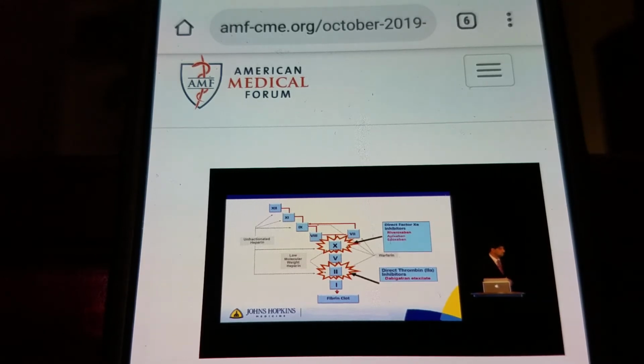The direct acting anticoagulants, so 10A inhibitors, Rivaroxaban, Apixaban, and Edoxaban, all work on 10/10A, whereas the direct thrombin inhibitor, and right now we have only one oral thrombin inhibitor, dabigatran.